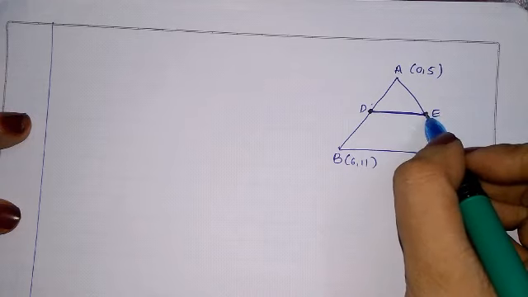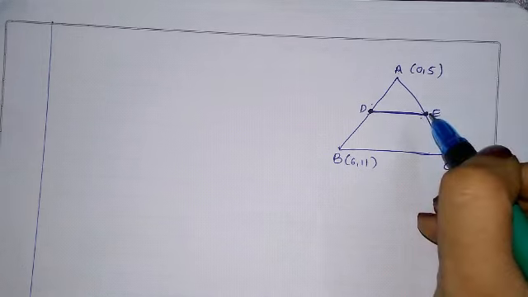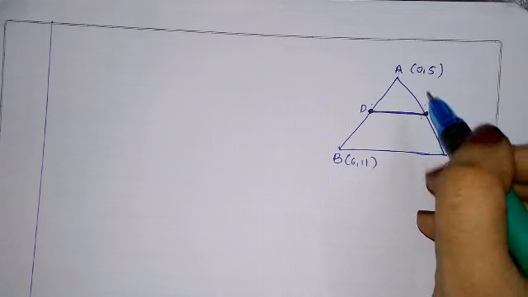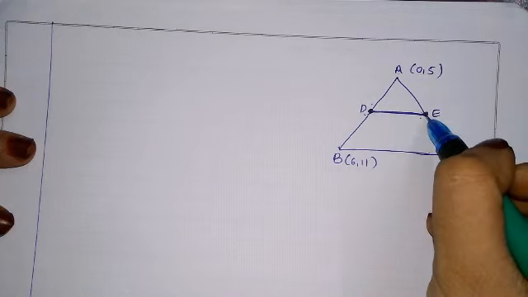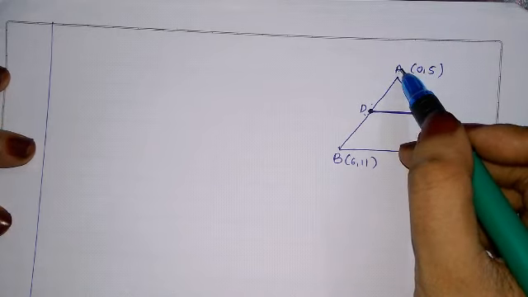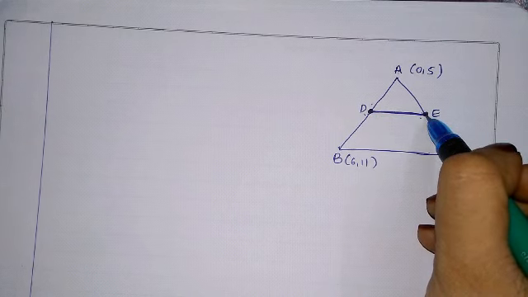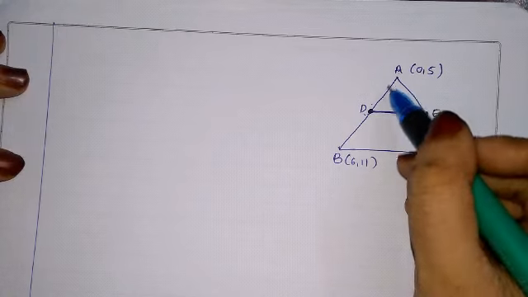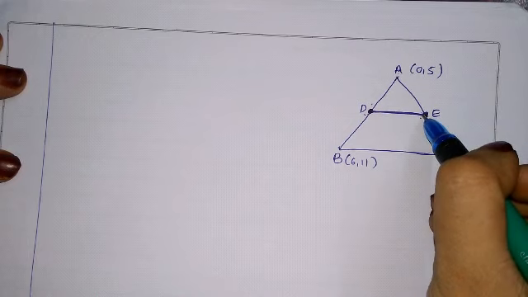As you get the D point and E point, you can easily find the area of triangle ADE. By the area of triangle formula, half into x1 (y2 minus y3) and so on, you can find the value of ADE.